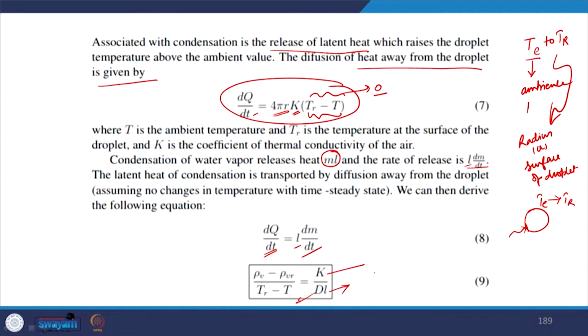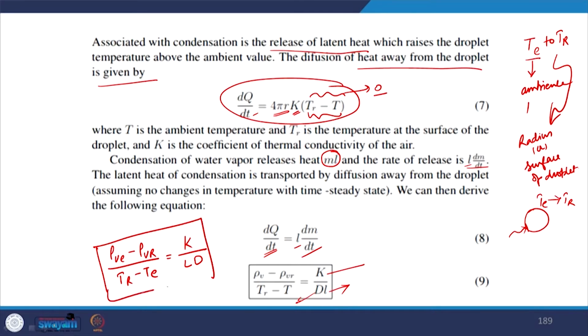So, in our terminology, we can write this as rho V e minus rho V r divided by T r minus T e is K by L D.